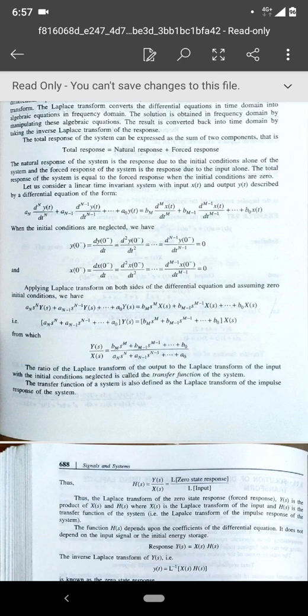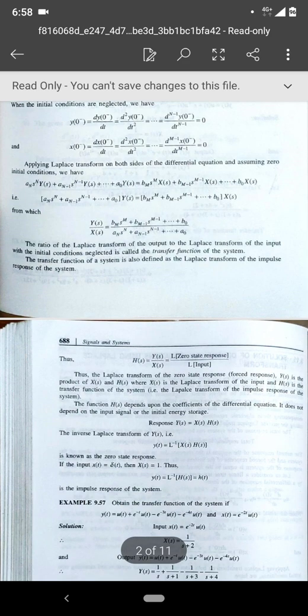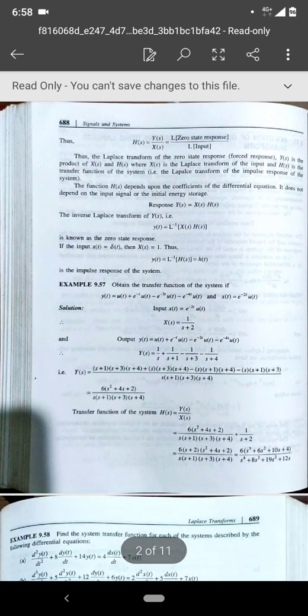For a transfer function, you never consider initial conditions. So whenever asked to find a transfer function, you have to neglect initial conditions. That is why initial conditions are neglected. If initial conditions are neglected, you can write that equation in the form of Y(s) by X(s), which is written at the bottom. Then you will see some examples.